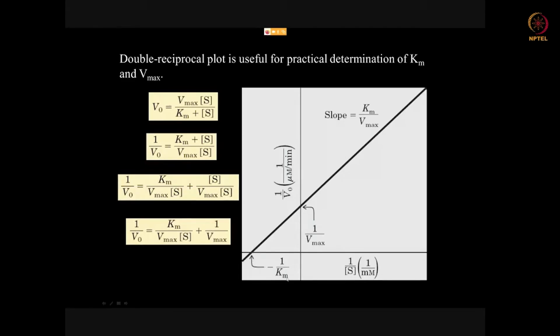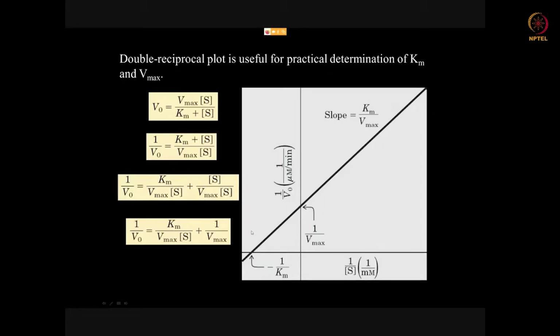So we do not worry about this intercept and minus 1 by Km. So these two are the really main points, and this is what helps us to measure the Vmax as well as Km very readily. This double reciprocal plot was proposed by Lineweaver and Burk, and is also called the Lineweaver-Burk equation.